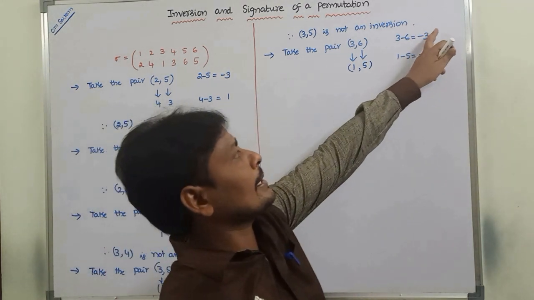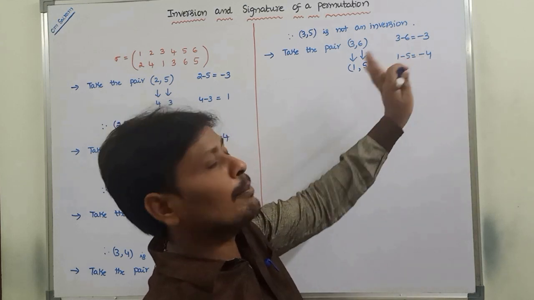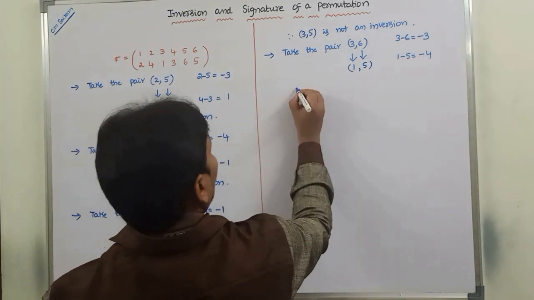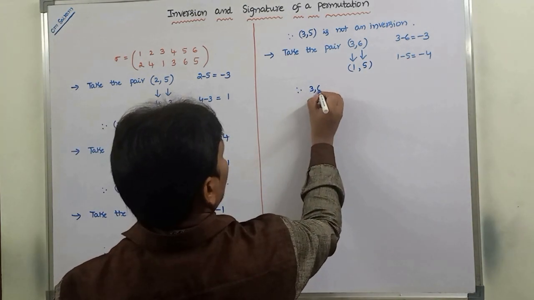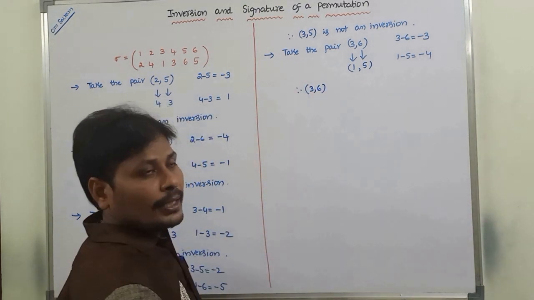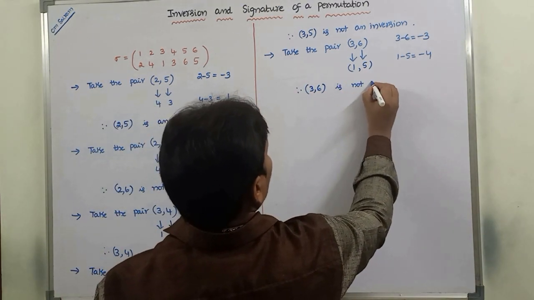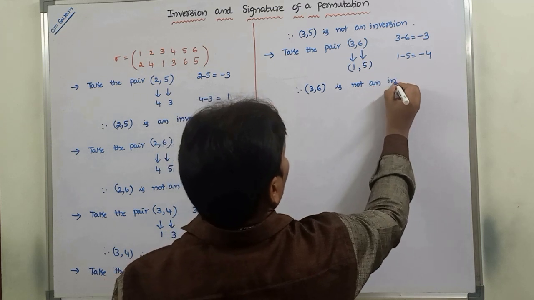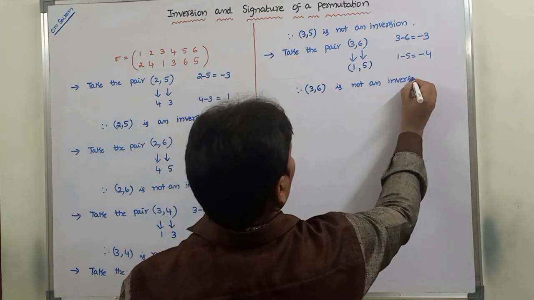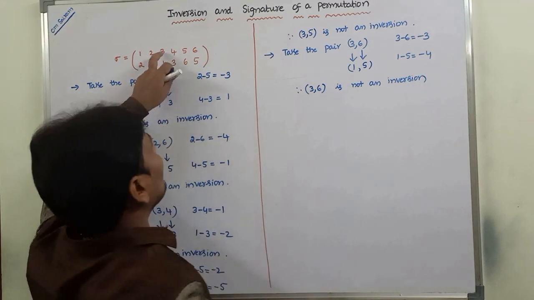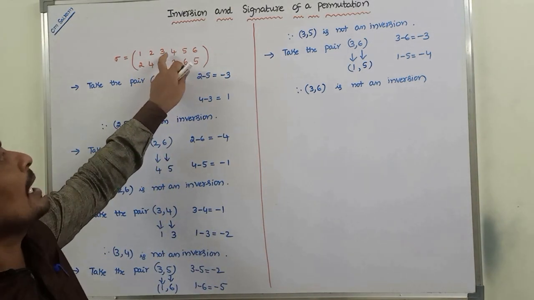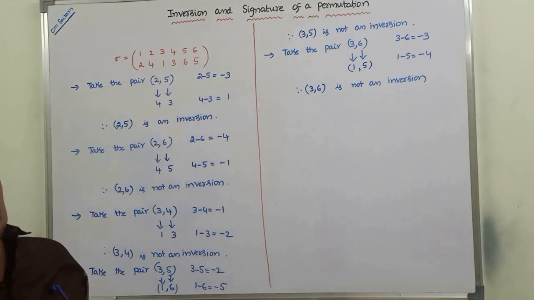So both results are negative results. Hence we can say that 3, 6 is a regular pair. So 3, 6 is not an inversion. So with element 3, 3, 4 completed, 3, 5 completed, 3, 6 completed.